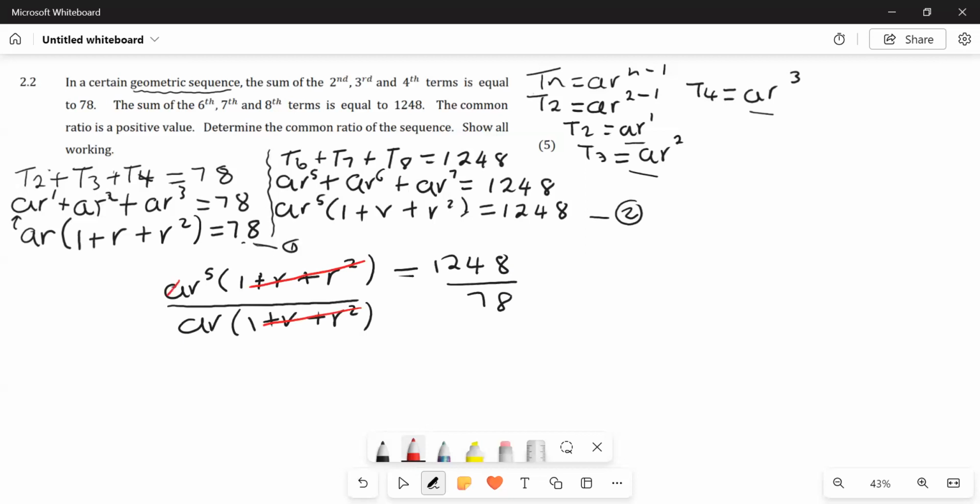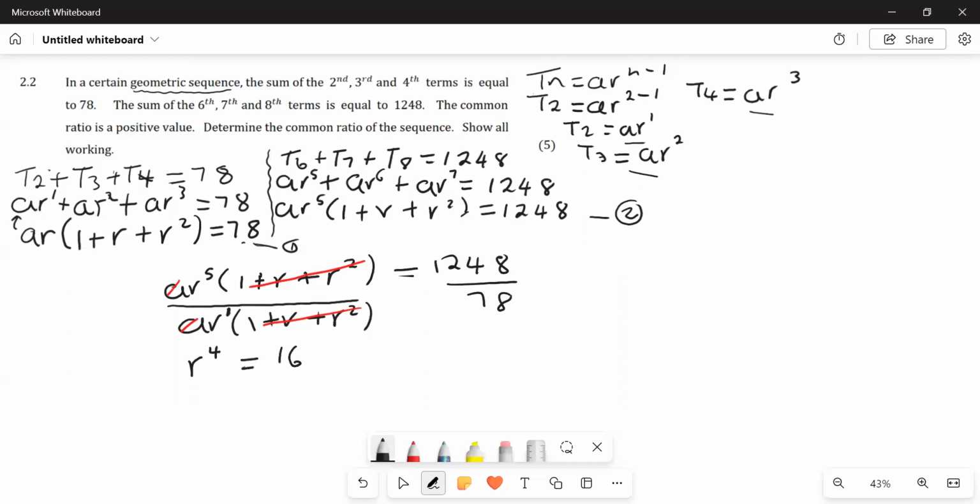Now let me explain something. When you divide the same bases according to exponents, you subtract the exponents. So dividing r to the power 5 by r to the power 1, we get r to the power 4, which is equal to 1248 divided by 78, that's 16.